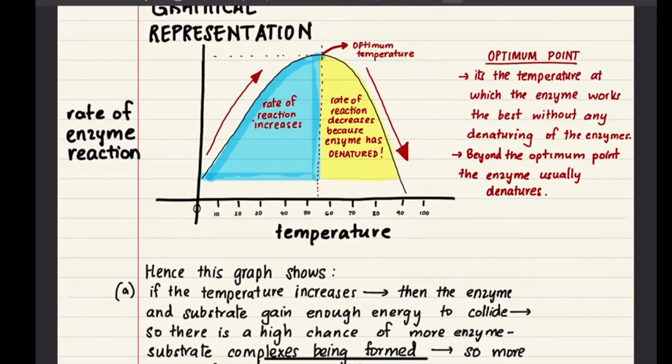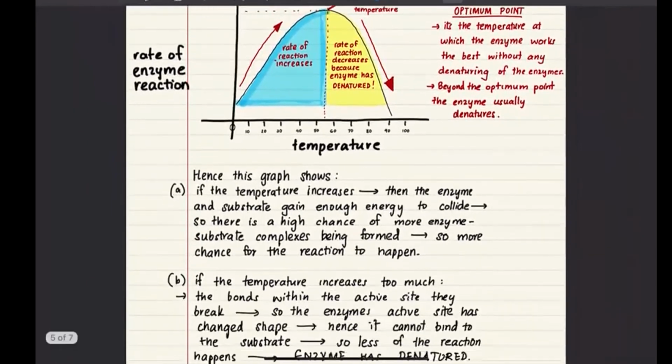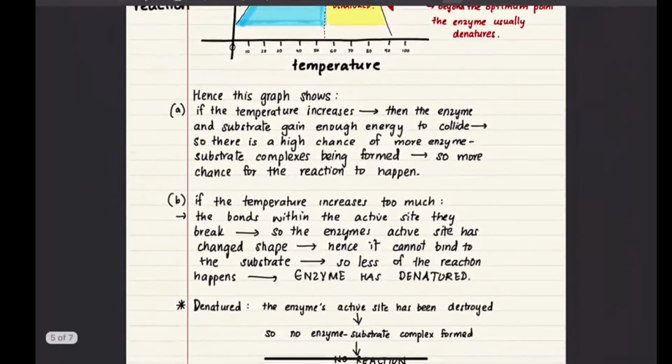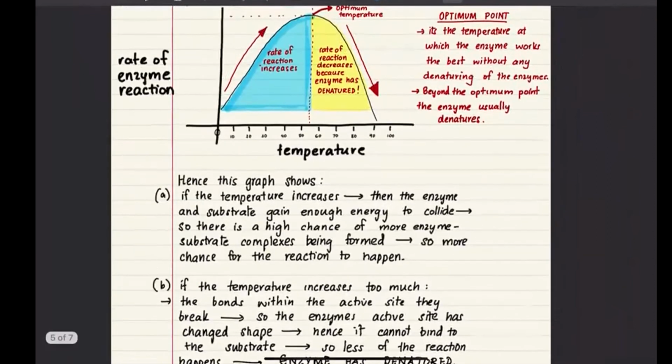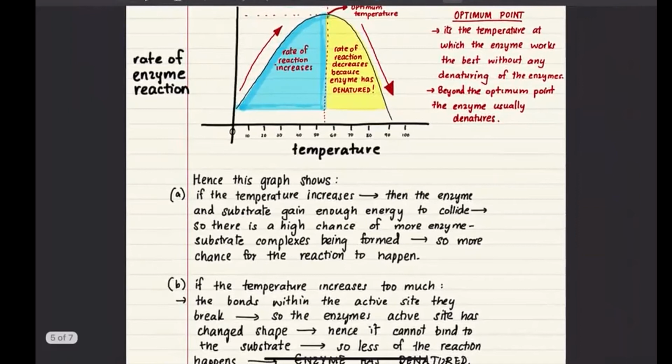All right. And so let's just explain what this graph shows. The graph basically shows that if the temperature increases, the enzyme and substrate will gain enough energy to collide. So there's a high chance of more enzyme substrate complexes being formed, so there's more chance for the reaction to happen.